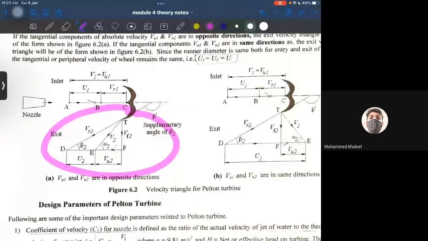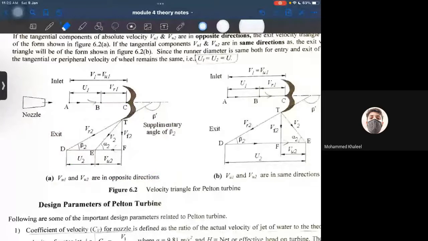But can you observe any velocity triangle in inlet? Is there any velocity triangle in inlet? No, sir.